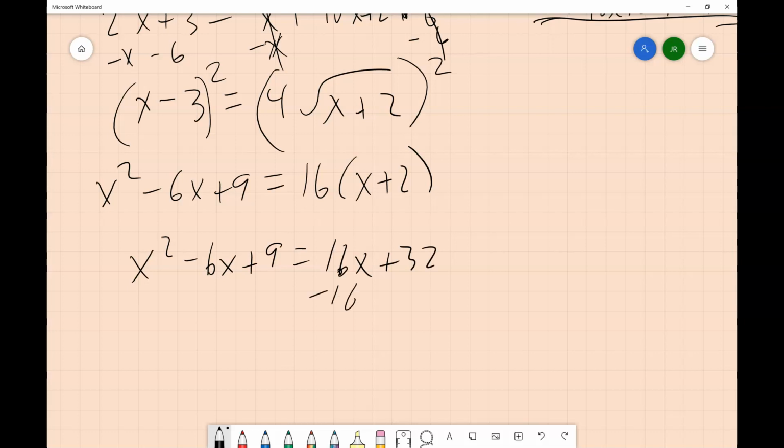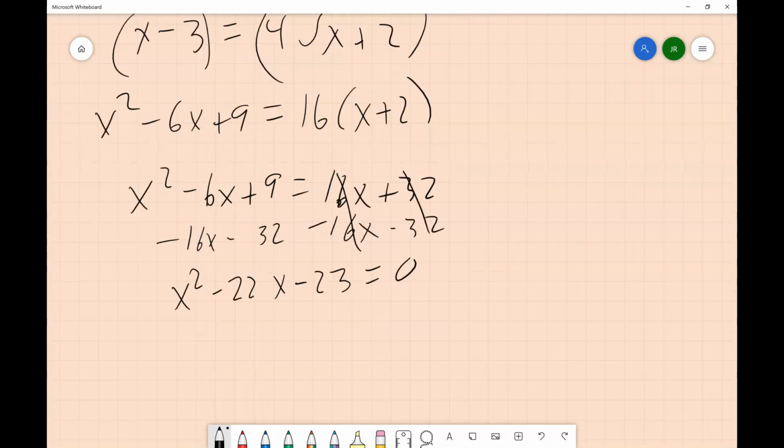Now move the 16x and the 32 over here with their like terms. That should have been minus. That gives me x squared minus 22x, oh, that's too many threes, minus 23 equals 0.